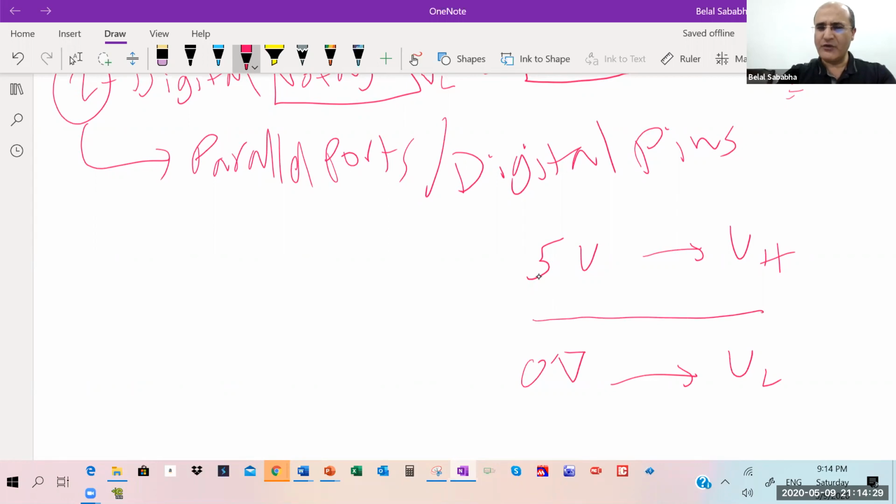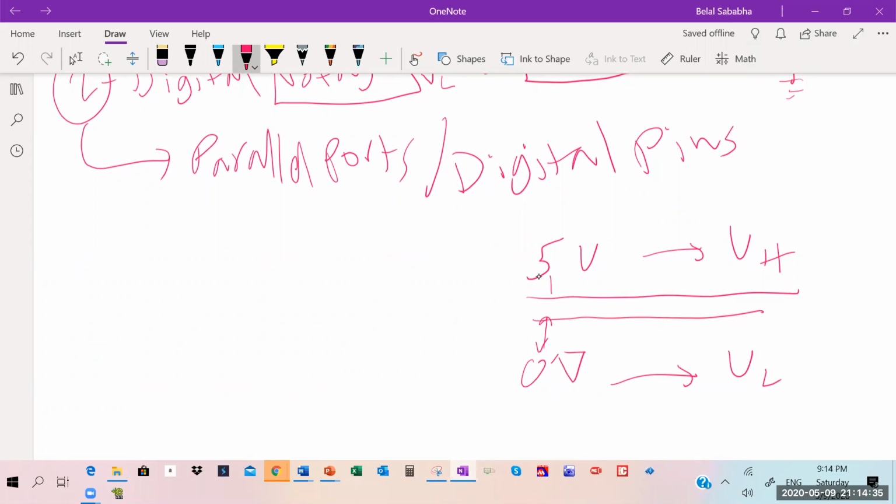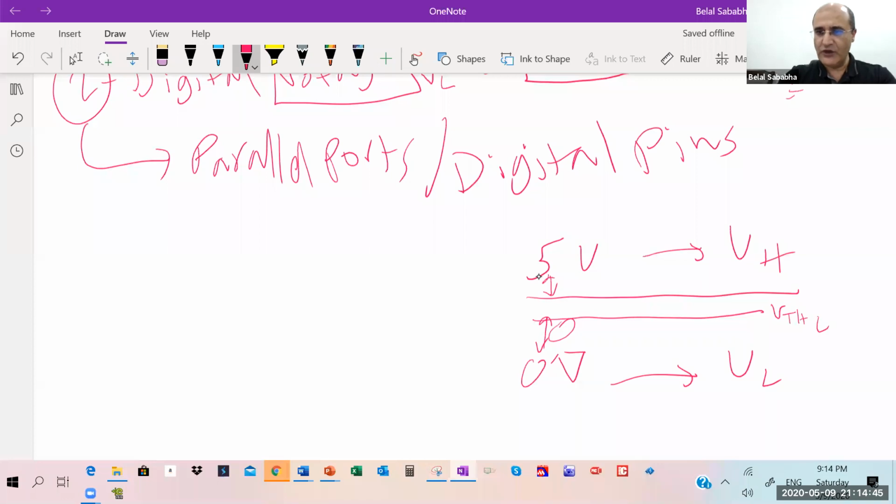Well, you remember when we talked about the Schmitt trigger, right? Yes, from here up to around 3 point something it stays like this. There are thresholds, okay? So we consider this low, below this voltage threshold low. We call it voltage threshold low. And there is a voltage threshold high, right?